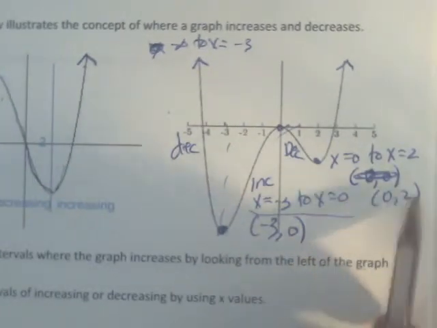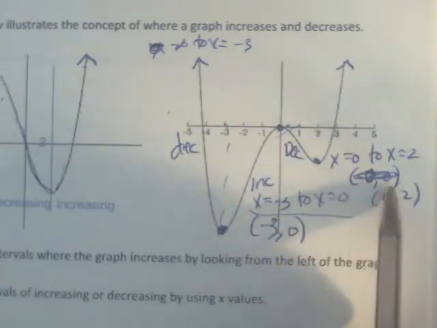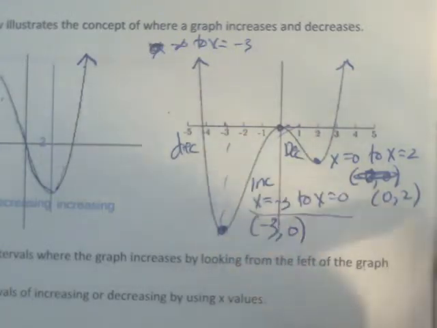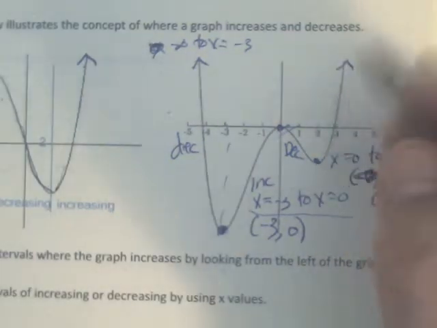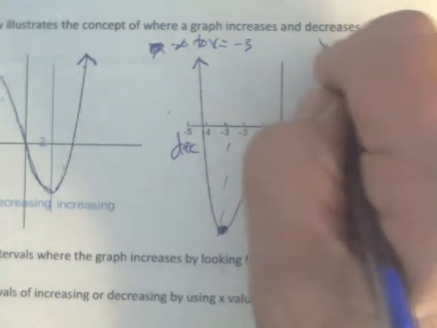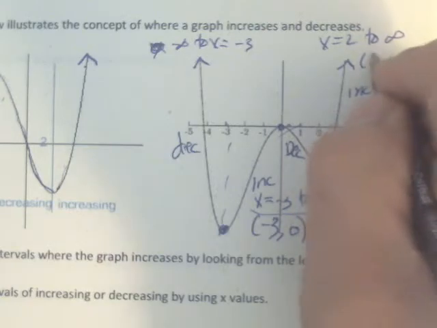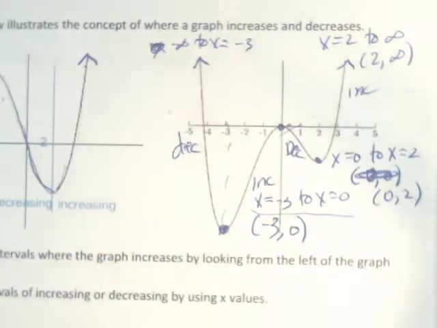And we never use brackets when we have a continuous curve, because it cannot increase and decrease at the same spot. So we always use parentheses for our intervals. Then the last part, we are increasing here, and this is going from x is 2 to infinity, using our interval notation like that.